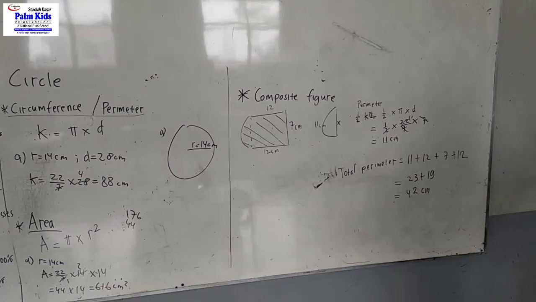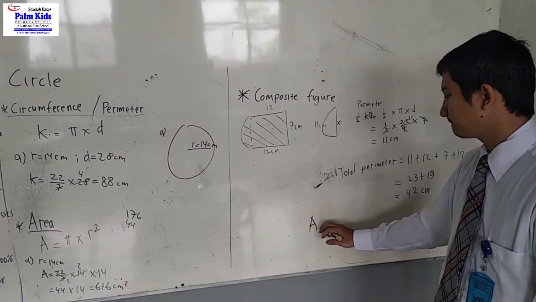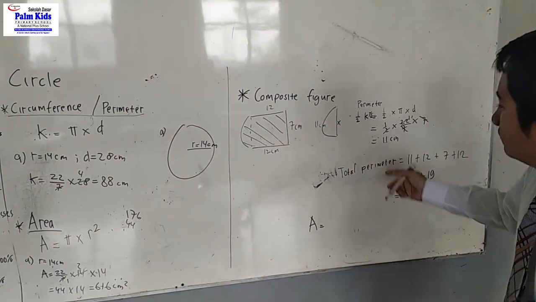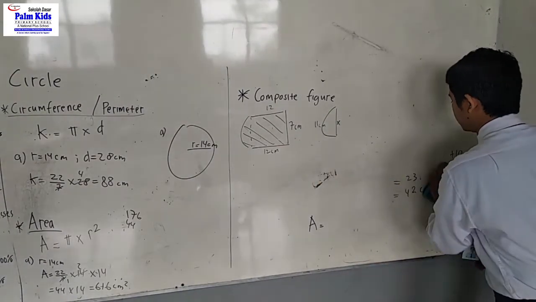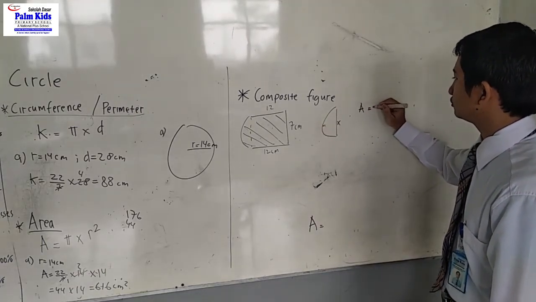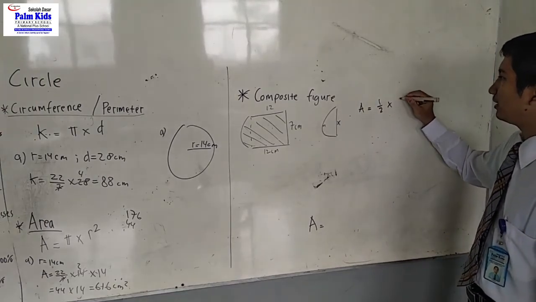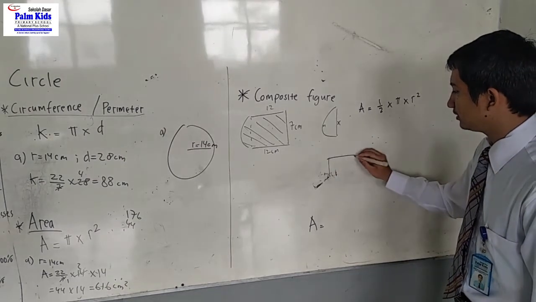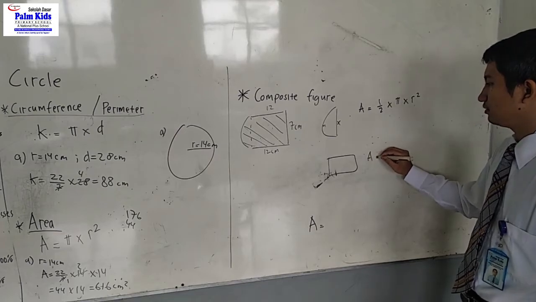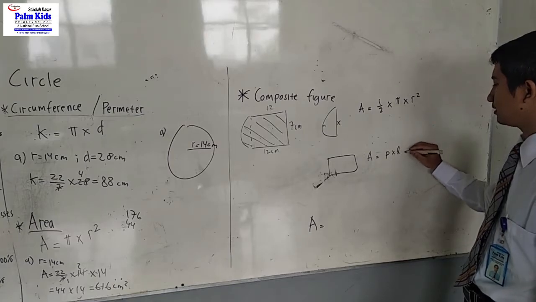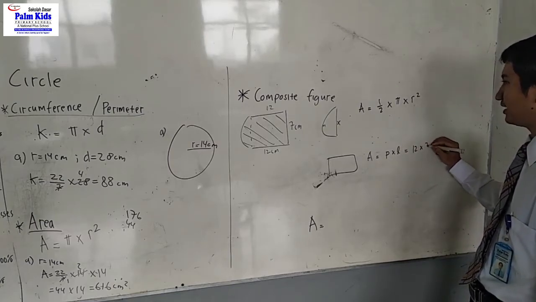And if you have to find the area, you just need to find this area first, and also the second area. Area equals half a circle: a half multiplied by pi multiplied by r squared. While the area of a rectangle is length multiplied by breadth, or panjang kali lebar, equals 12 multiplied by 7.